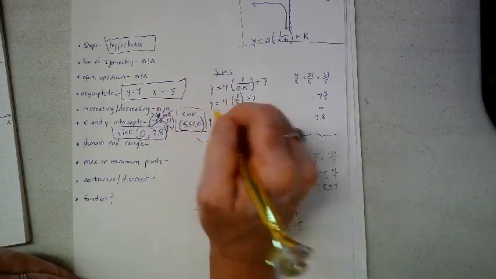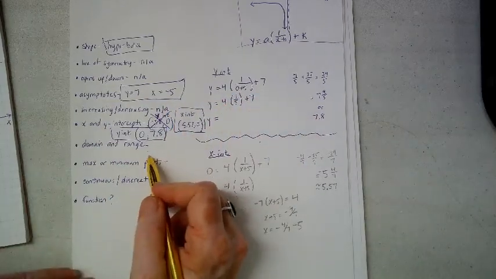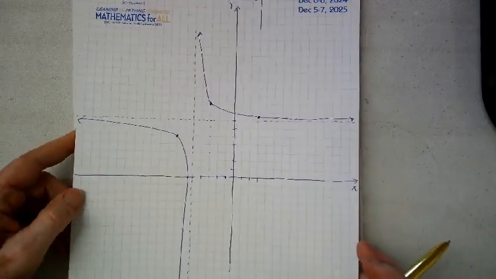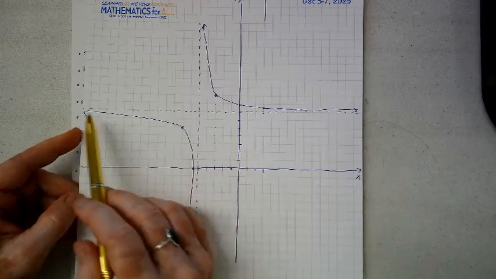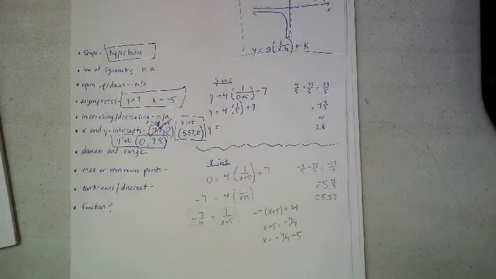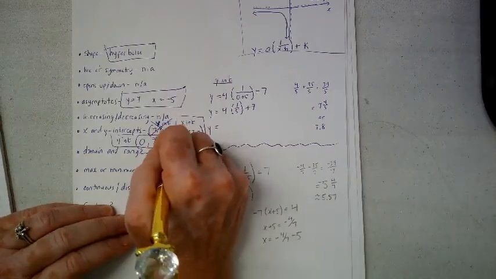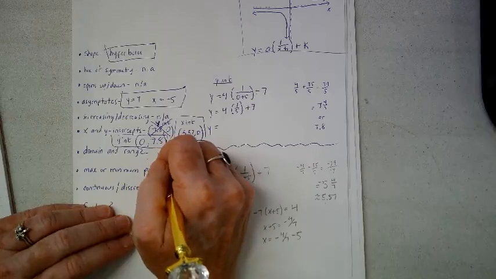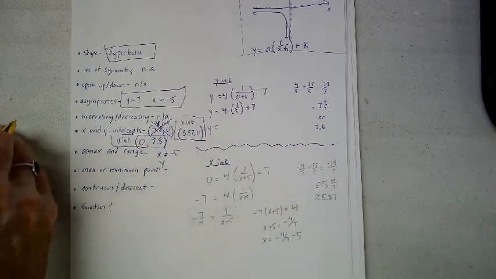Domain and range. The domain is pretty much all real numbers except for negative 5. And the range is, I think, all real numbers except for positive 7.